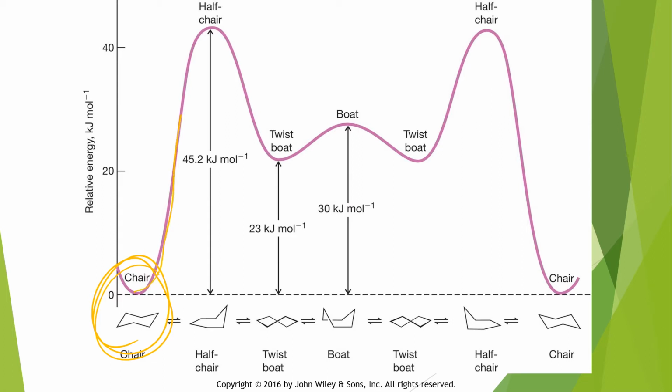You can go up to half chair, which is on the way to the boat, where you've brought up one of the carbon atoms to be in plane with the other 5. And that's really high energy. It does not stay there very long. It can go down to twist boat, which is a little better than boat. And then boat is going to be your most common of the high energy, low stability conformers. Back down to twist boat, back up to half chair, and down to chair.